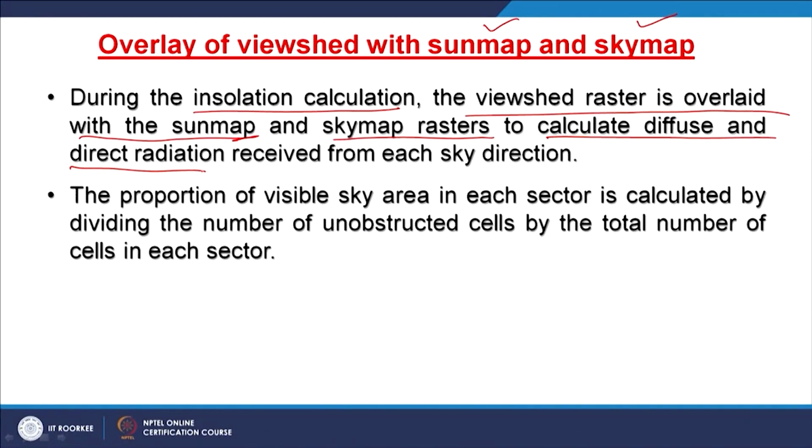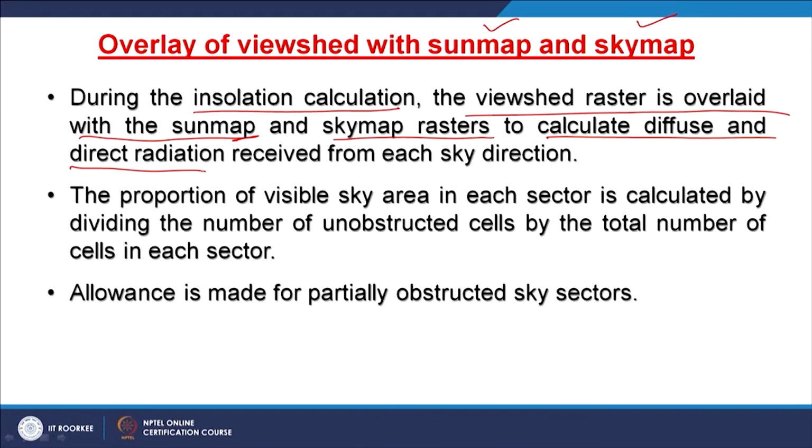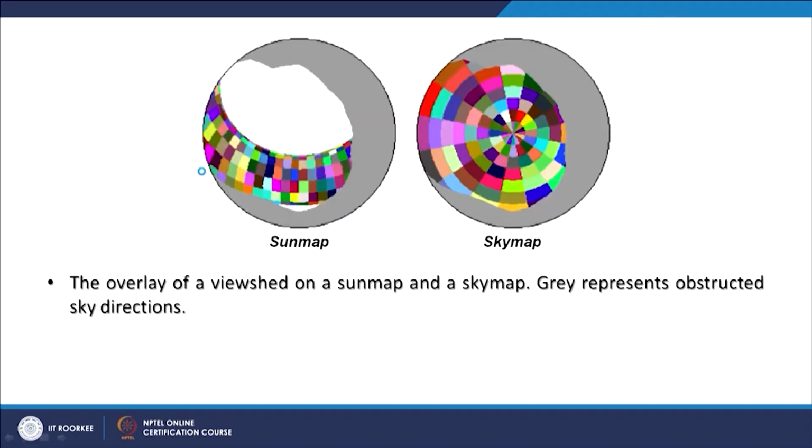The portion of visible sky area in each sector is calculated by dividing the number of unobstructed cells by the total number of cells in each sector. This allows us to account for partially obstructed sky sectors.